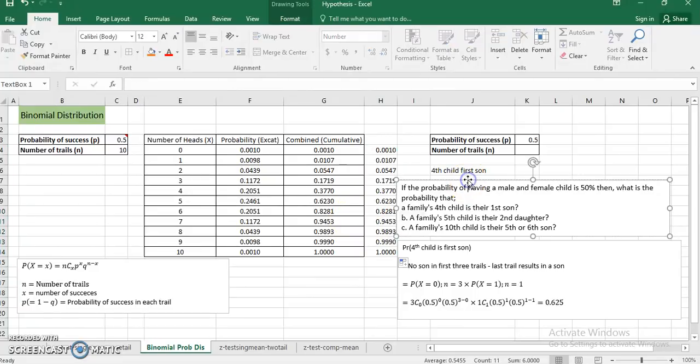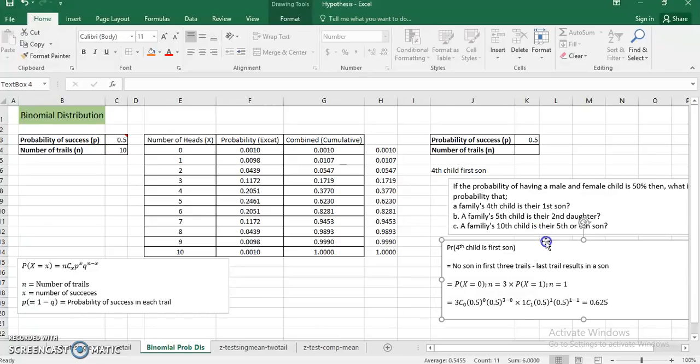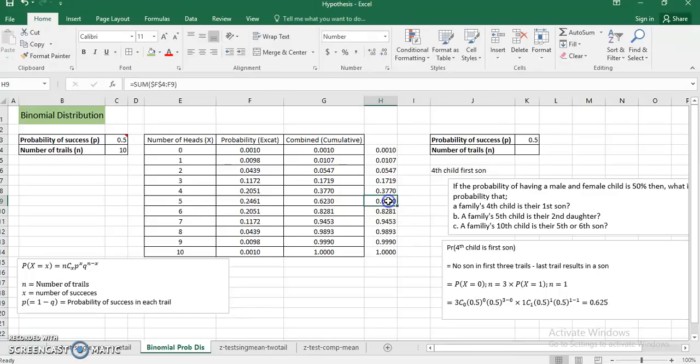If you look into the values which I just calculated manually, cumulatively, they are exactly equal to the combined match. So I just click in this cell and let's see what it is doing. I hope now you understand what the combined function is.